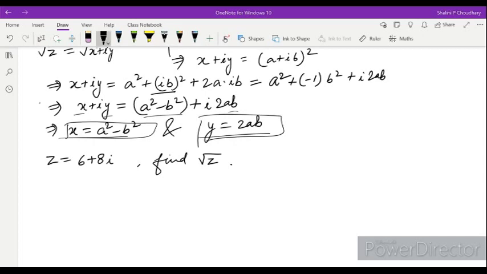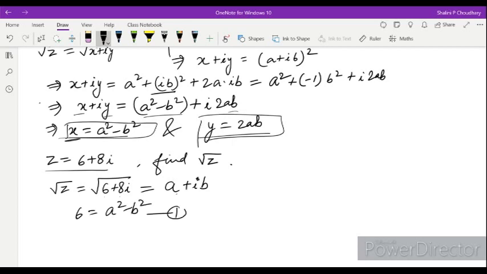So z is this one, we have to find the square root of z, that is equal to square root of 6 plus 8i, and it will be equal to a plus ib. And what is the formula? If this is x and this is y, x will be equal to a square minus b square. So 6 will be equal to a square minus b square.